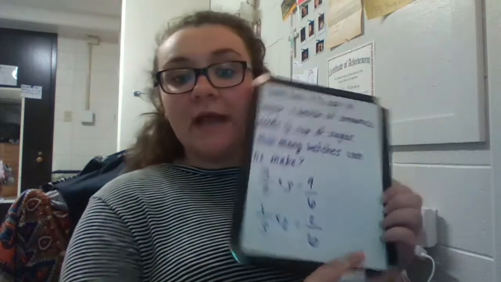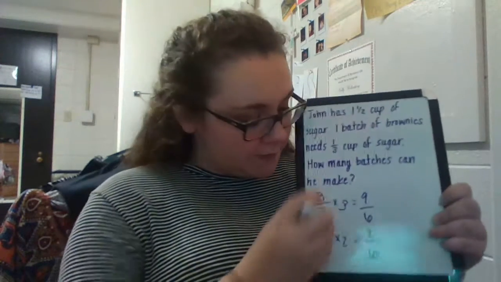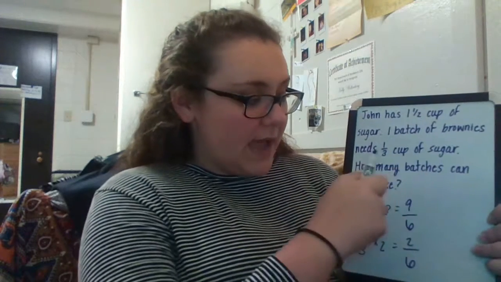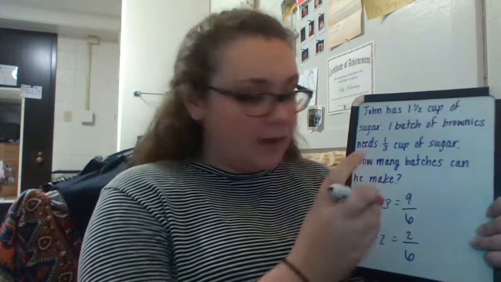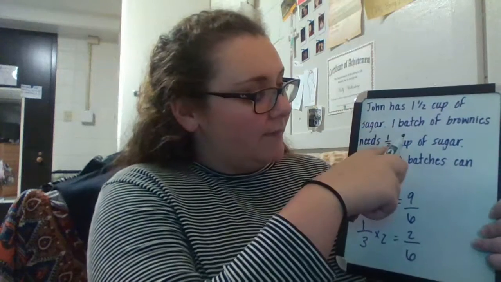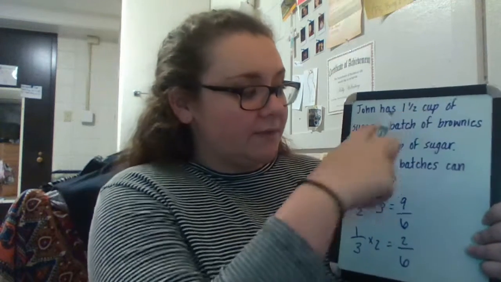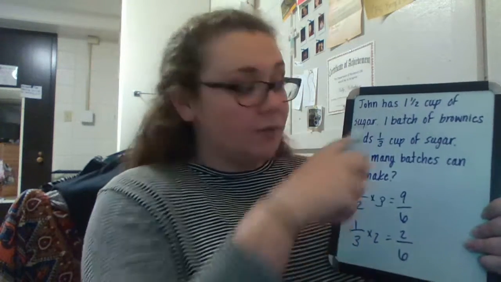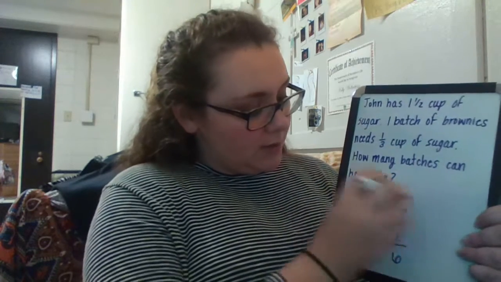Okay, so now they have a common denominator. So what we're going to do to see how many batches can he make, he has 1 1/2 cups of sugar, but only one batch requires 1/3 of a cup.